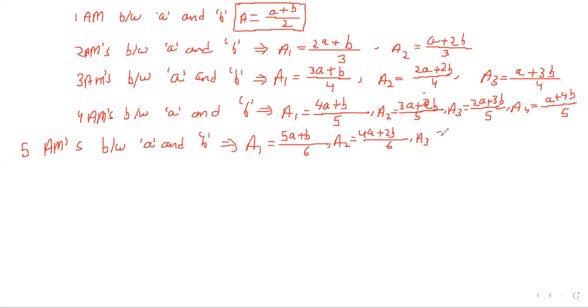Third is (3A plus 3B) upon 6. Fourth is (2A plus 4B) upon 6. And finally, fifth is equal to (A plus 5B) upon 6.